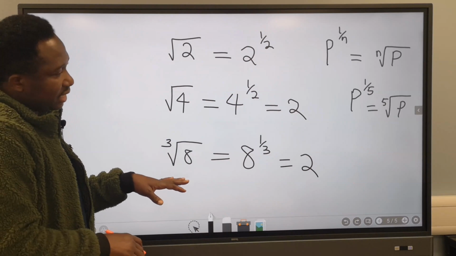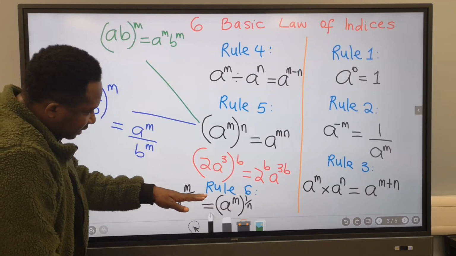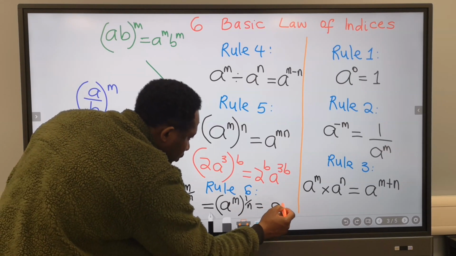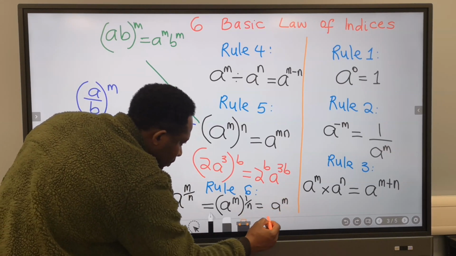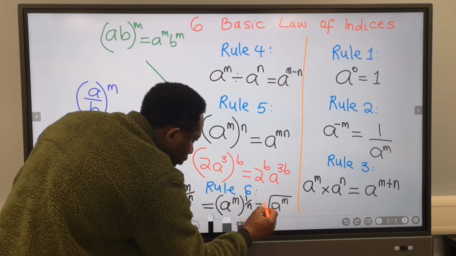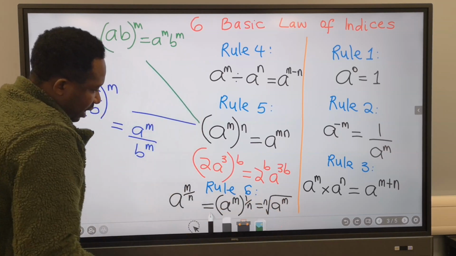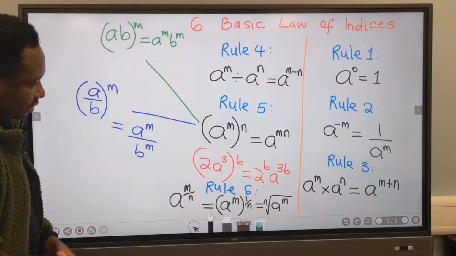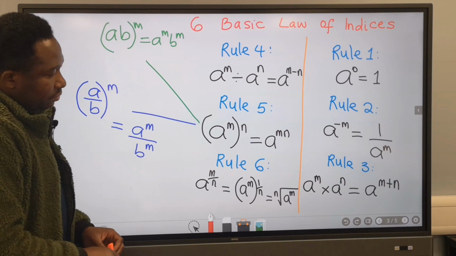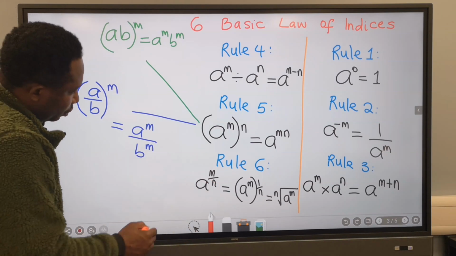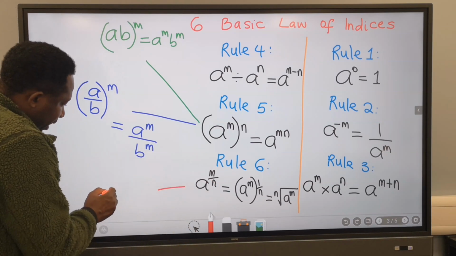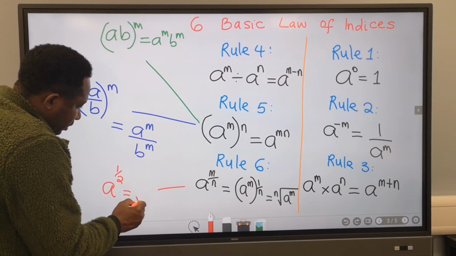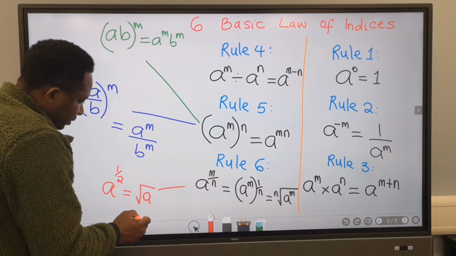With this understanding, we can say that the 6th rule is a to the power of m, then the nth root of a to the power of n. This is the 6th rule. From this 6th rule, we can have that a to the power of 1 over 2 is the square root of a.